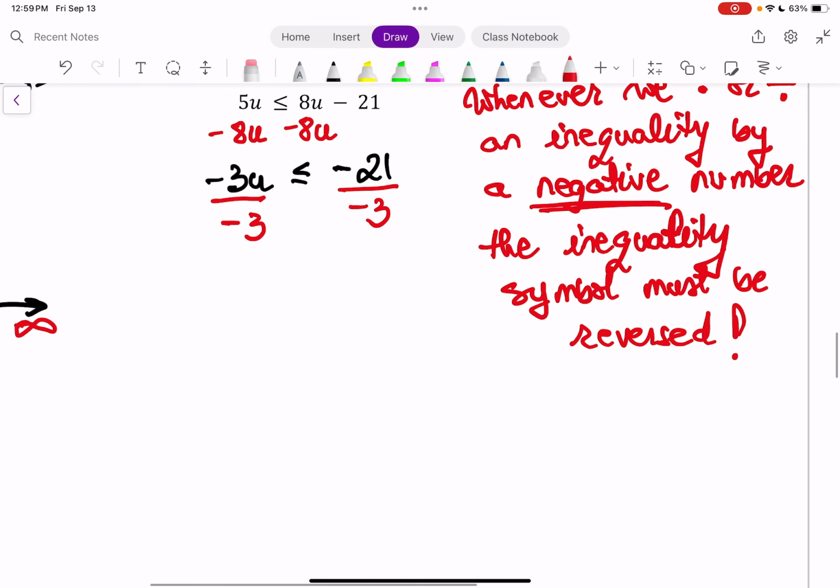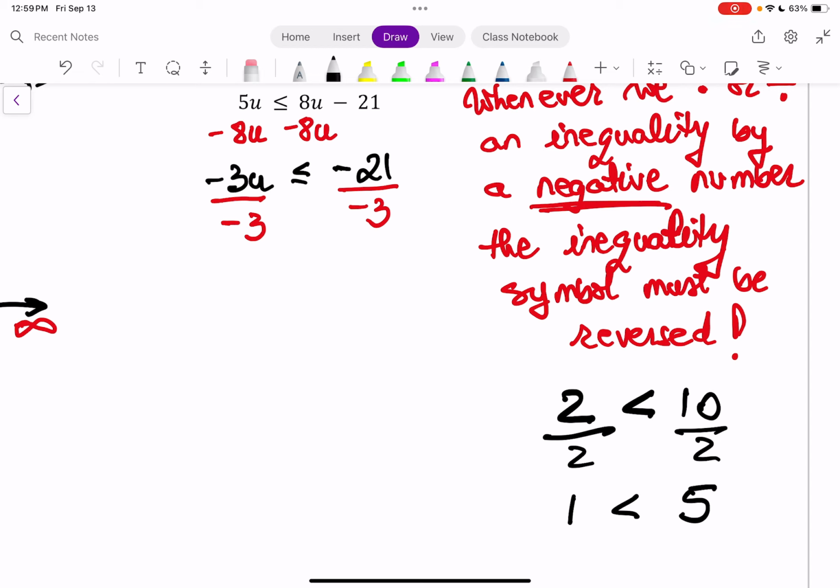And I can quickly show you on the side. For example, I hope that you all agree that 2 is less than 10, yes? Now if I divide both sides by 2, I'm going to get a 1 and a 5, and 1 is still less than 5, no problem, yes? Okay. However, what happens if I divide by a negative 2? I'm going to get a negative 1 compared to negative 5.